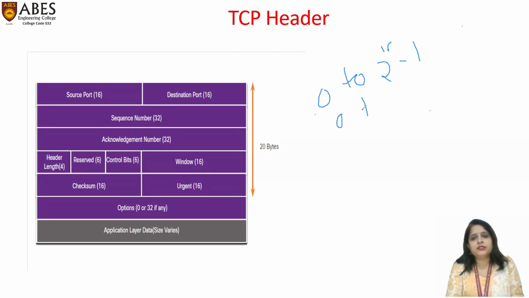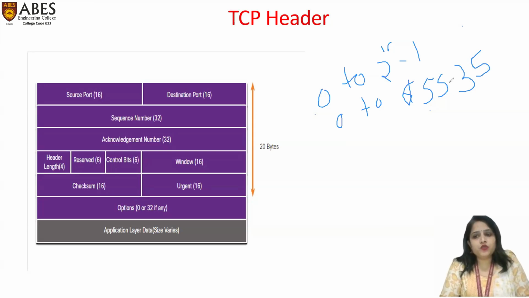Out of this range, ports 0 to 1023 are known as well-known ports, like SMTP uses port number 25 for transmitting email from sender to receiver. Some ports are registered ports. These port numbers are used to identify the source and destination uniquely in the network.